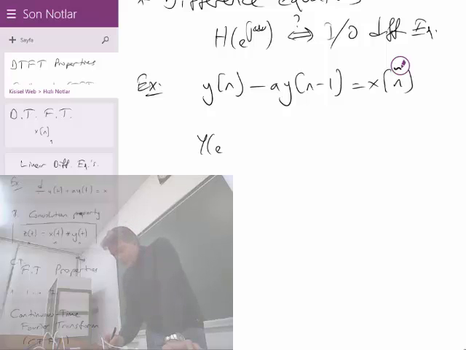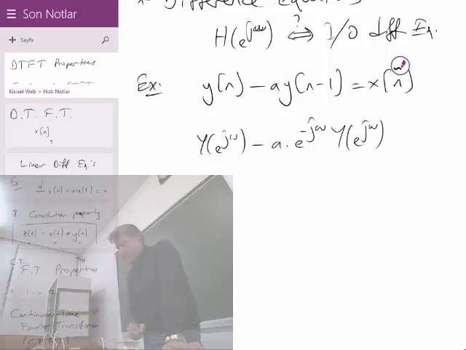Here you have Y of e to the j omega minus a times, when you shift by a factor of 1 in the time domain, the Fourier transform is e to the minus 1 times j omega times Y of e to the j omega. You see that?